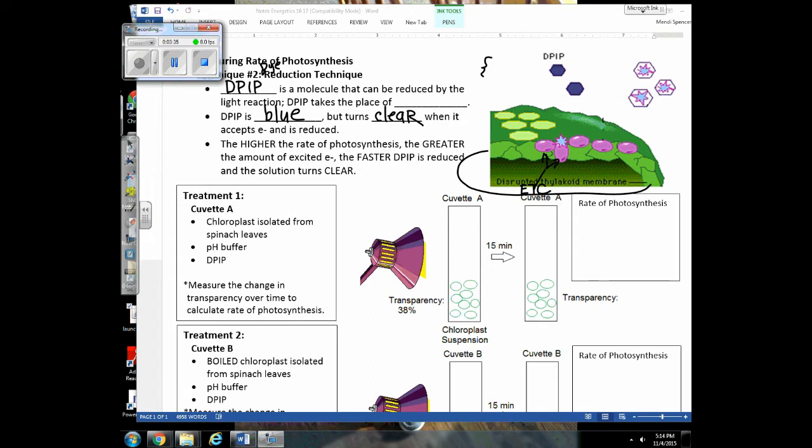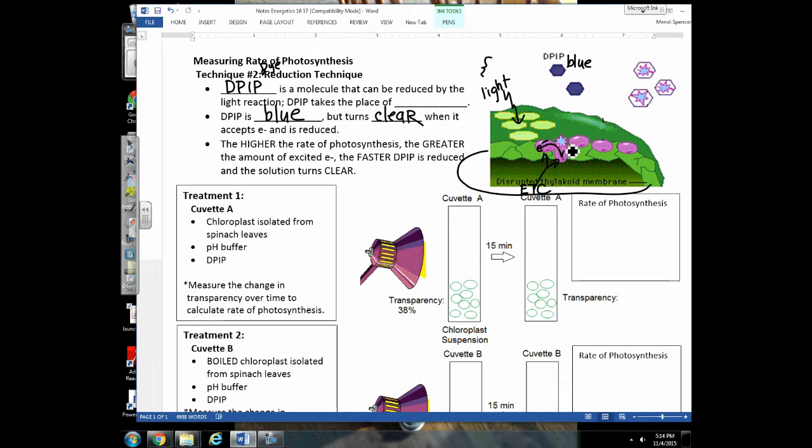Here I've added DPIP, and DPIP, like I said, is blue before it gets reduced. Remember, in the light reaction, light is being absorbed, it's exciting electrons, and electrons are being passed down the electron transport chain. Let's show the electrons being passed down, and eventually an electron arrives at the last protein in the electron transport chain, and it can't go anywhere.